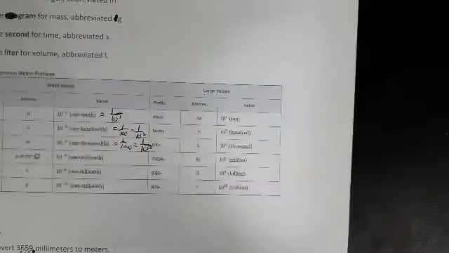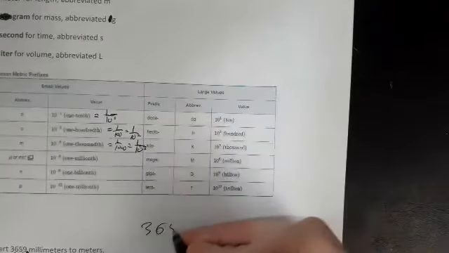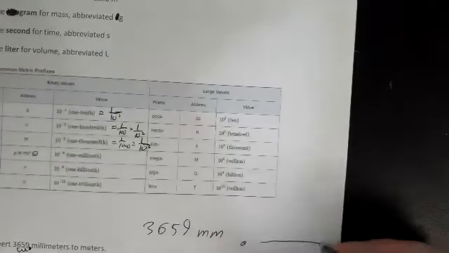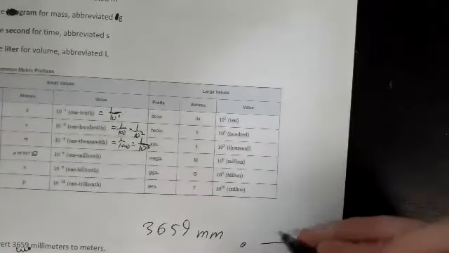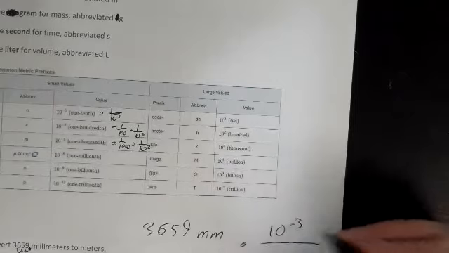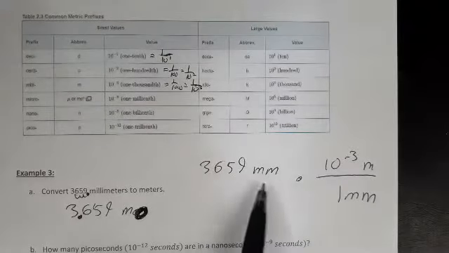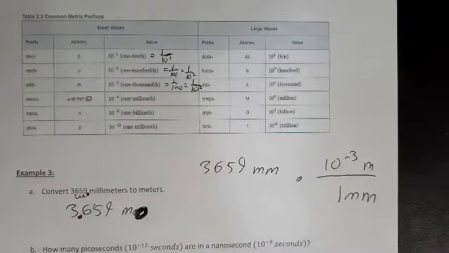If you want to do this through unit analysis, we can do this through unit analysis. If we start out with this in millimeters, what this is telling me is there are 10 to the minus third meters in 1 millimeter. And so essentially what I'm doing is multiplying this by 10 to the minus third.